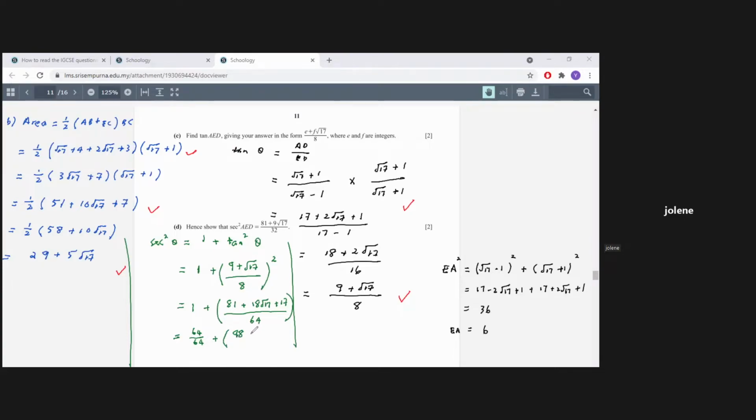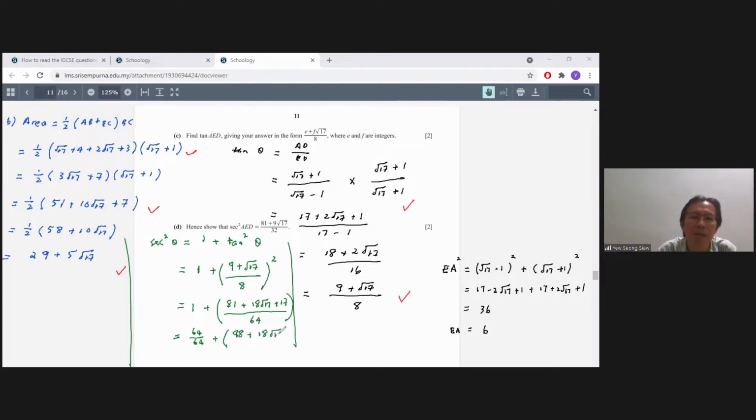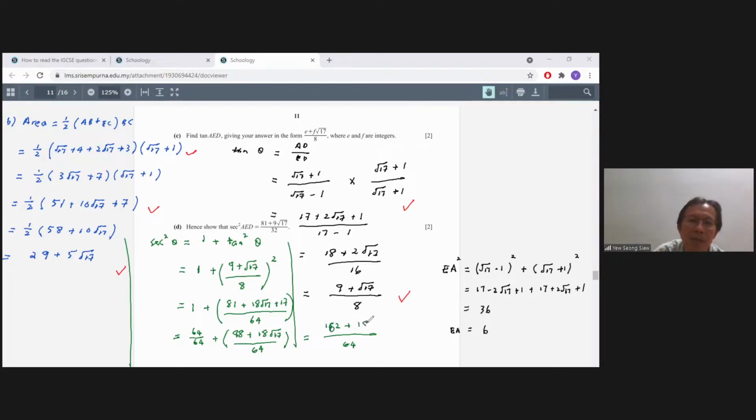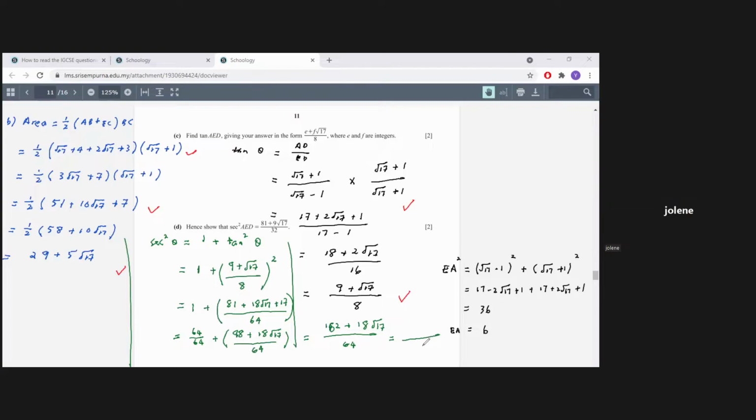Then plus 64, so add together, 162, plus 18 surd 17, divided by 2, 81 plus 9 surd 17.